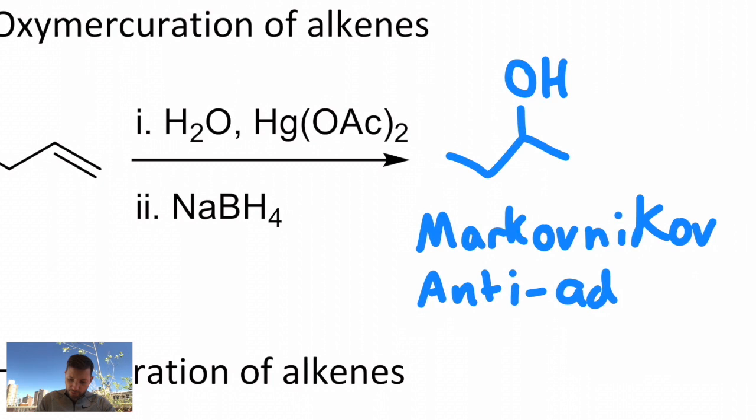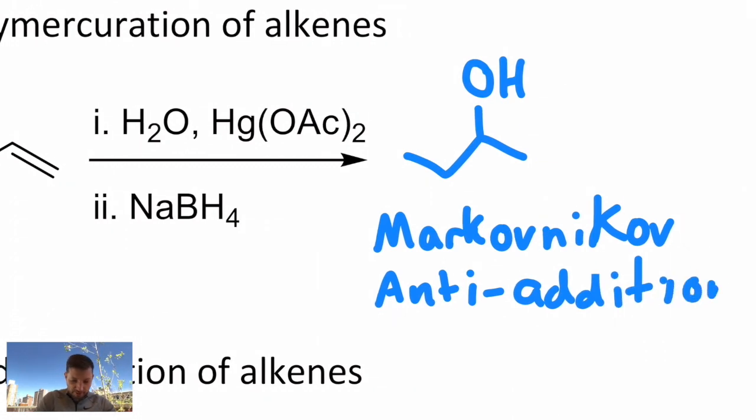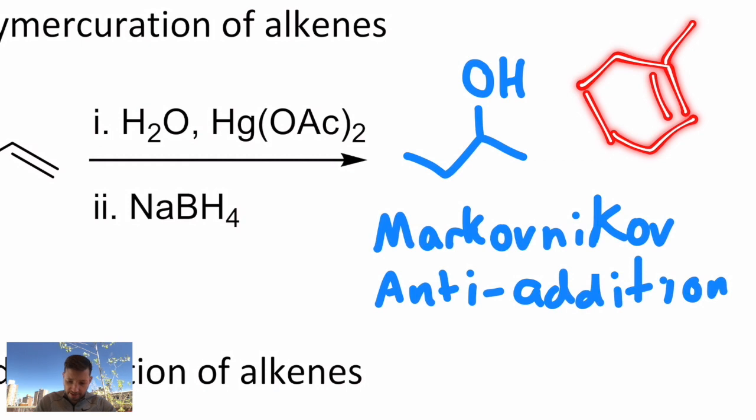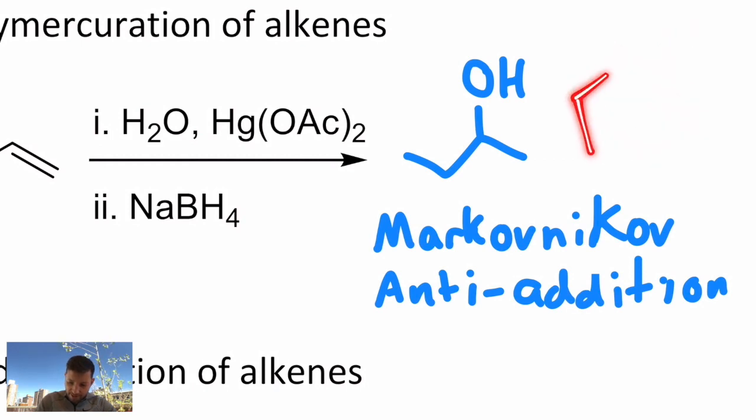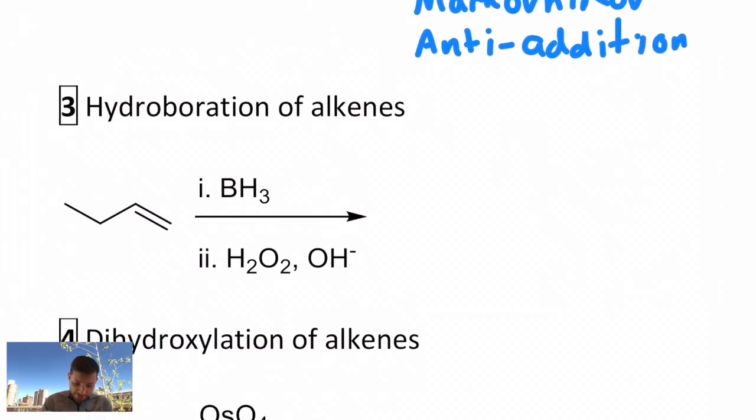So if we were using, let's say, a cyclic alkene in this example that was branched, for example, methylcyclohexene, we would see addition across that alkene such that the H and the OH are in opposite directions. Actually, that example I wouldn't be able to tell either, but if I had a more substituted alkene, we'd be able to see that.